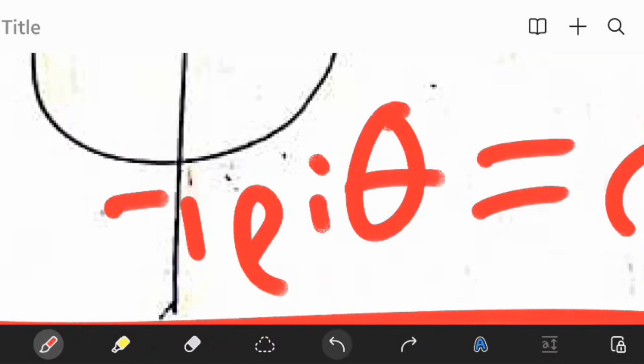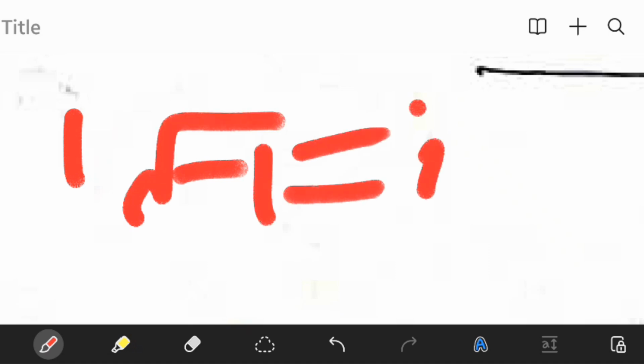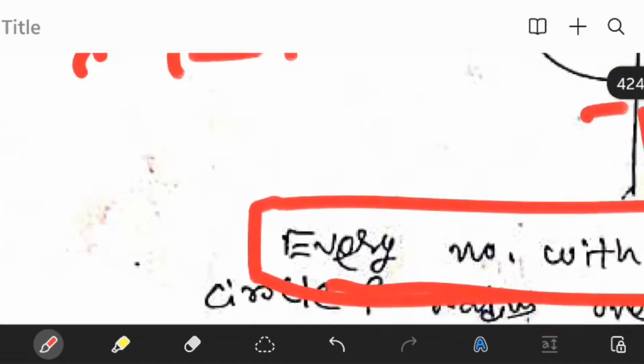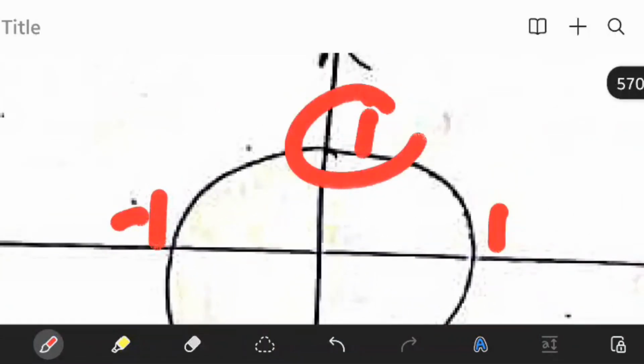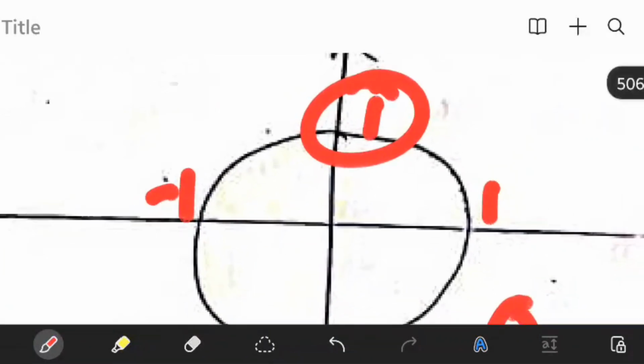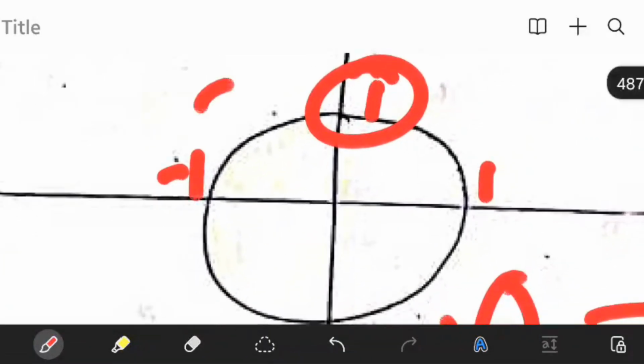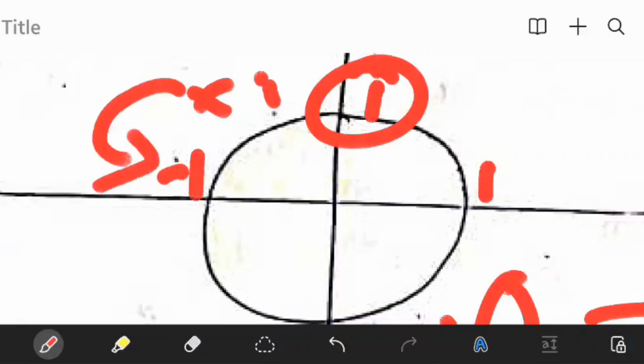For a complex number, let's say we have 1, okay? Then the square root of -1 is i, as we know. So we have i here. We are in this position, okay? Now we multiply it with another i. The result is -1. So we end up with a 90-degree rotation.